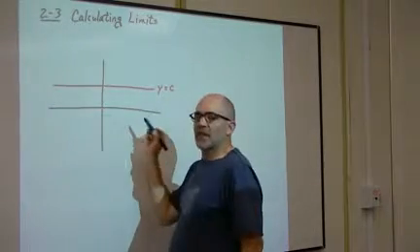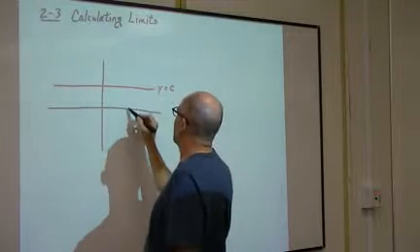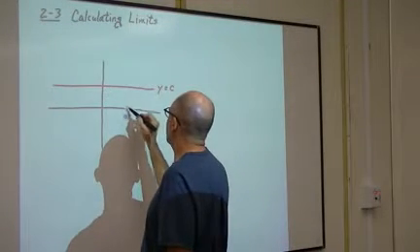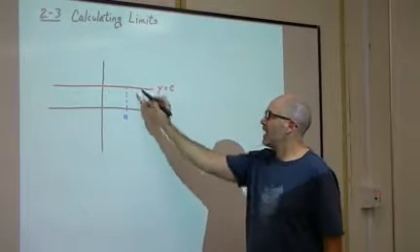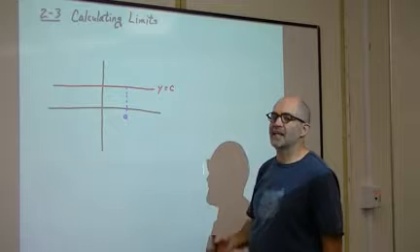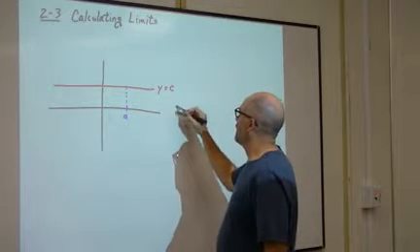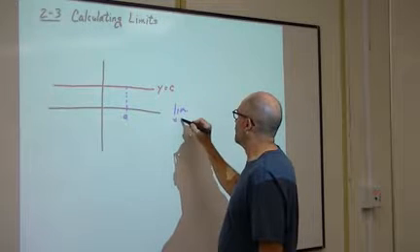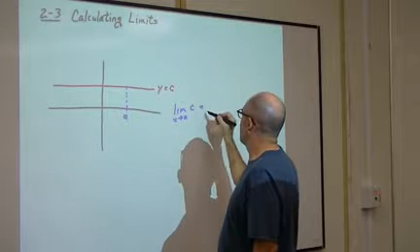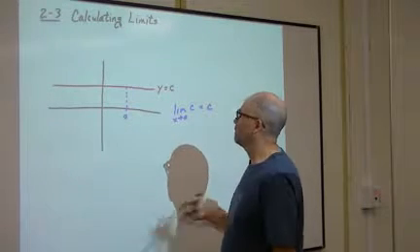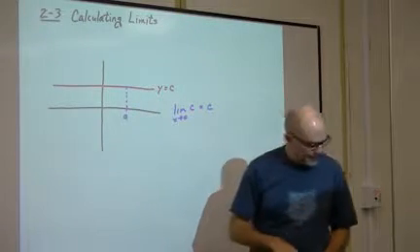Now, if I want the limit of this function at some value a, so here's my a value. Well, as x approaches a from the right and the left, what value am I getting? C. So that means the limit as x approaches a of c equals c, because wherever I approach, this thing is going to equal c.